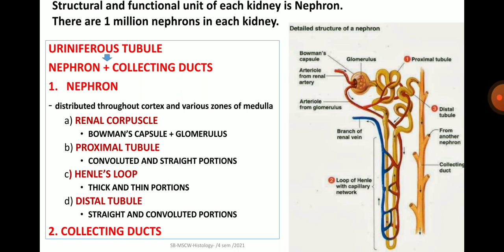The Malpighian corpuscle, also called the renal corpuscle, comprises a double-walled Bowman's capsule along with the glomerulus. And the remainder of the renal tubule, which is about 3 centimeters long, has 3 named parts, such as the proximal convoluted tubule, which makes a hairpin loop called the loop of Henle, and then winds and twists again as the distal convoluted tubule before it empties its products into a collecting duct.